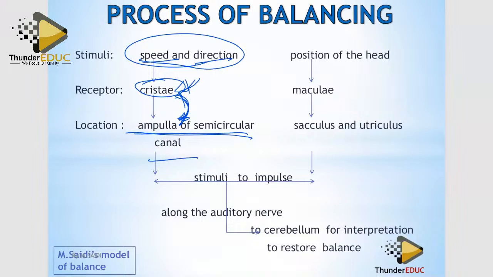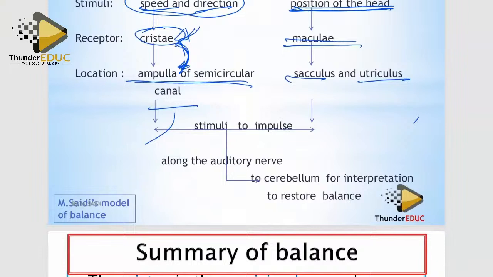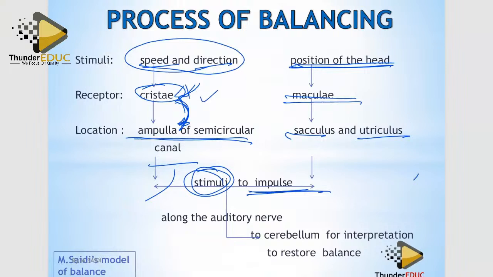You put a comma. Step 2, change in the position of the head will stimulate the maculae found in the circulus and utriculus. That's another comma. The stimuli is converted into a nerve impulse. The stimuli from here and here, that's why it's called stimuli, the plural of stimulus.